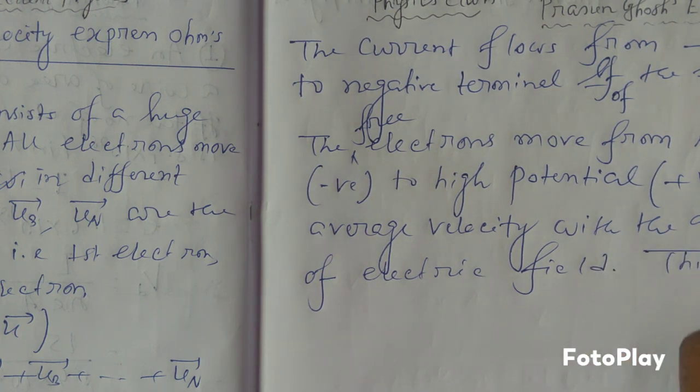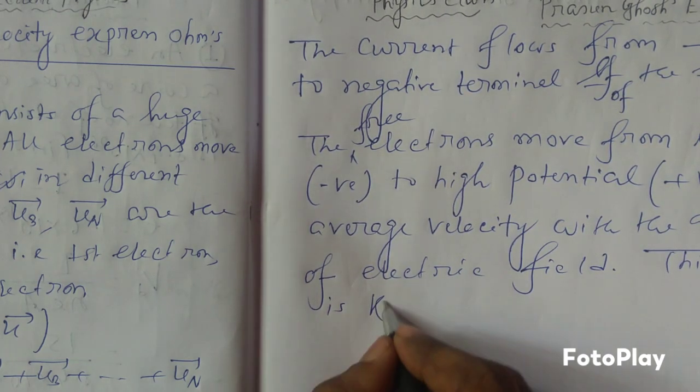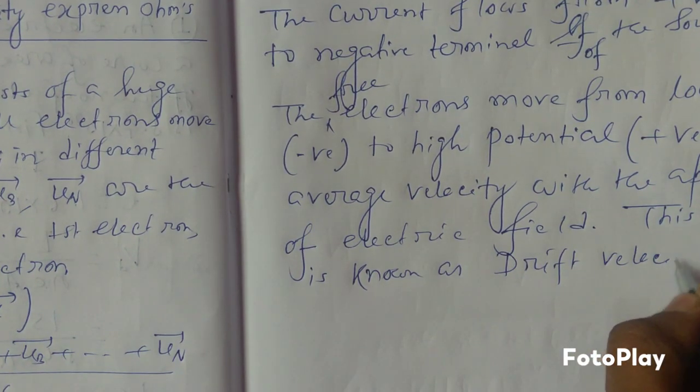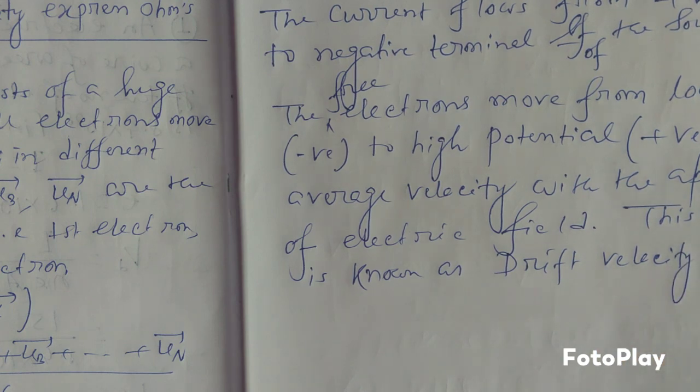This velocity is known as drift velocity.